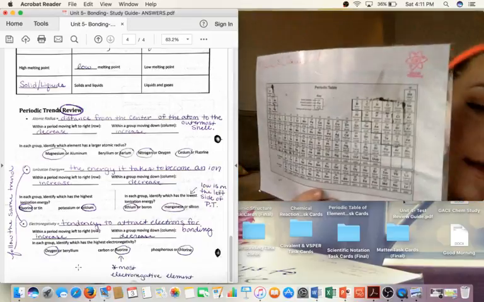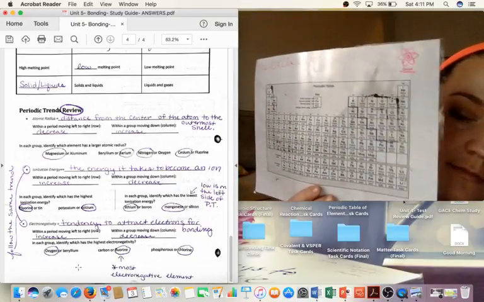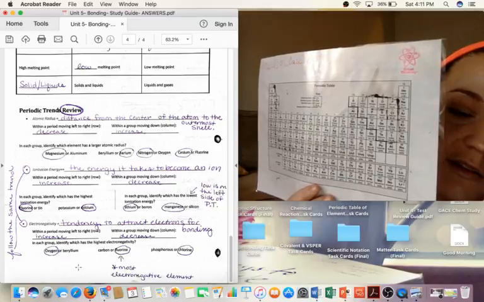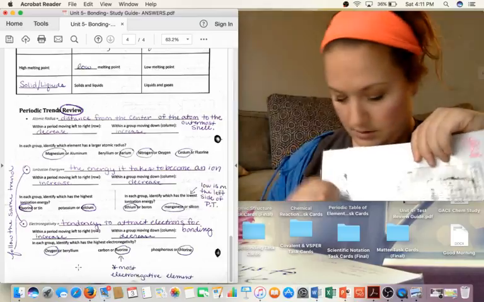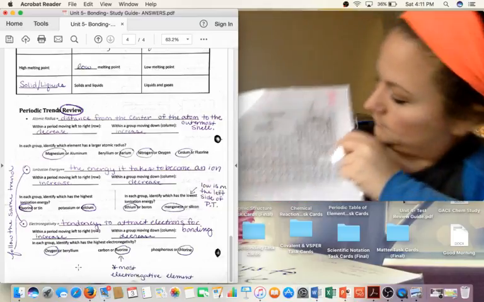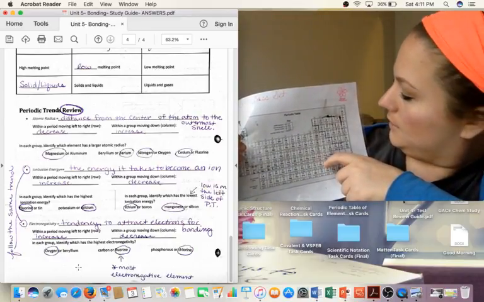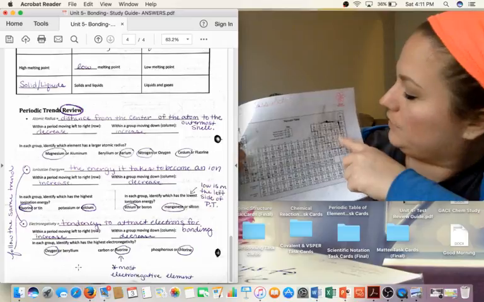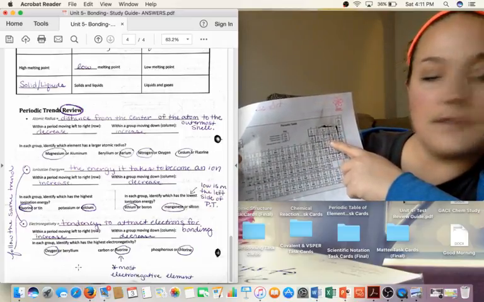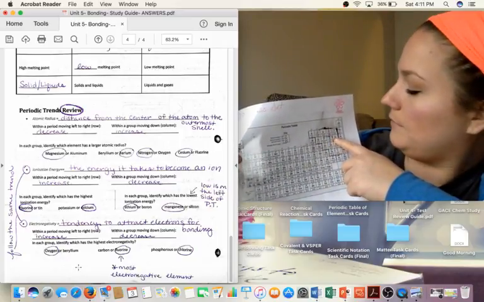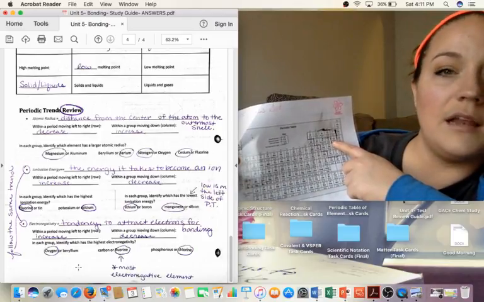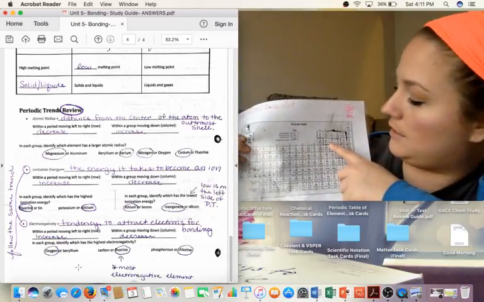Then phosphorus and chlorine. Phosphorus is right here. Chlorine is Cl, and he is right here. So between the two, chlorine is going to be more electronegative than phosphorus.